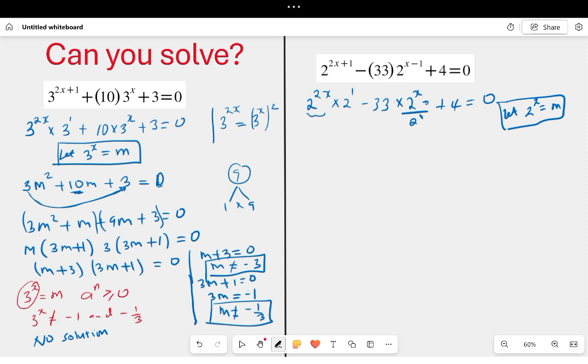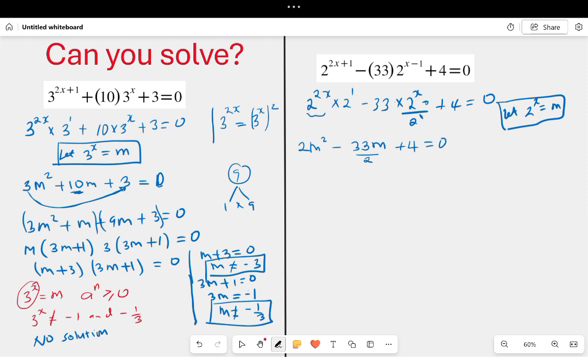This is going to be m squared times 2, which is 2m squared, minus 33 times m, which is 33m divided by 2, plus 4 is equal to 0.